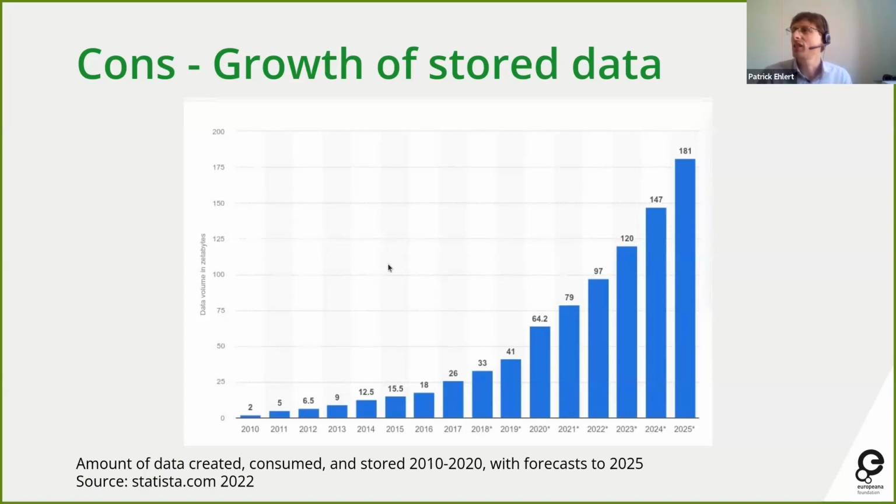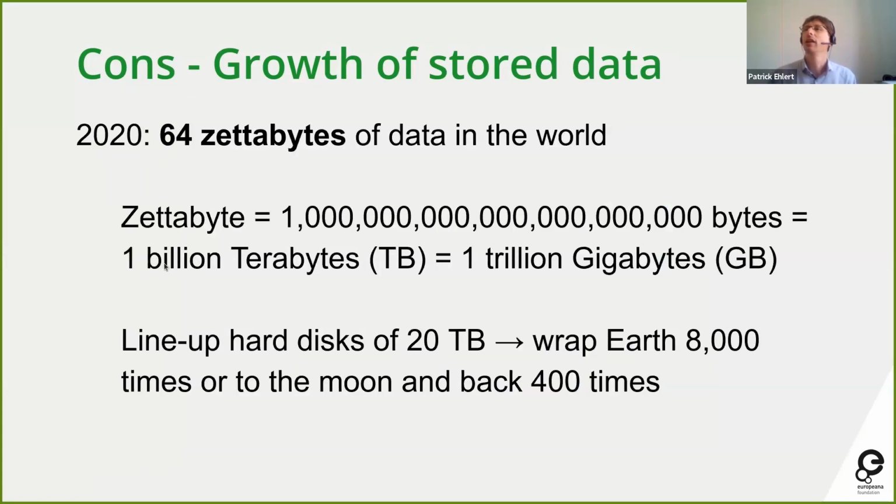In 2020, that was the last number that was not projected in this graph, there was 64.2 zettabytes of data estimated being stored. And that is a staggering number, because a zettabyte is a 1 and then 21 zeros. In terms of gigabytes, that's a term you're more familiar with.